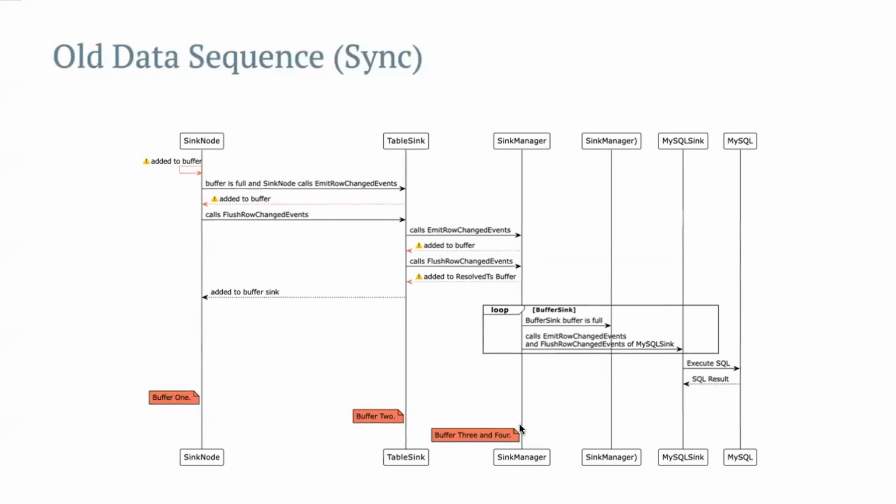And the sync manager even has 2 buffers here. And if we use the Kafka sync or MQ sync here, we probably get another buffer, because the Kafka producer also has a buffer. So in the whole process, there are probably at least 4 or even 5 buffers involved.